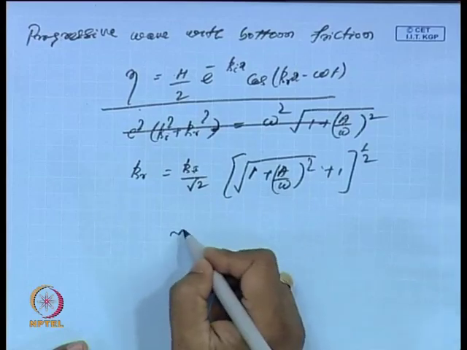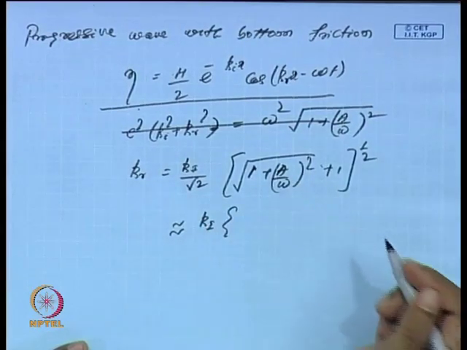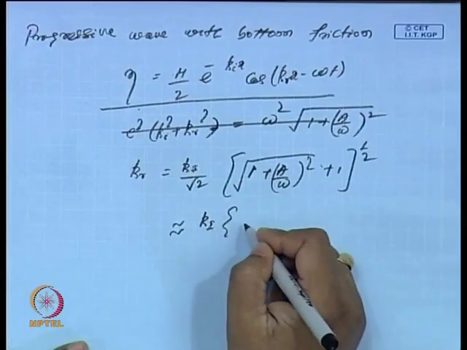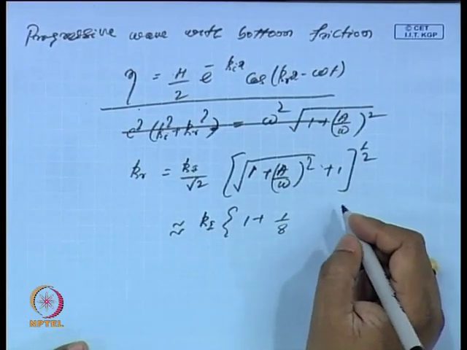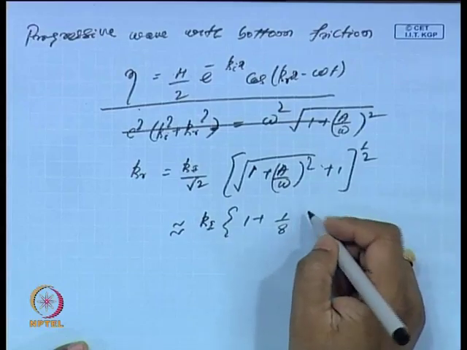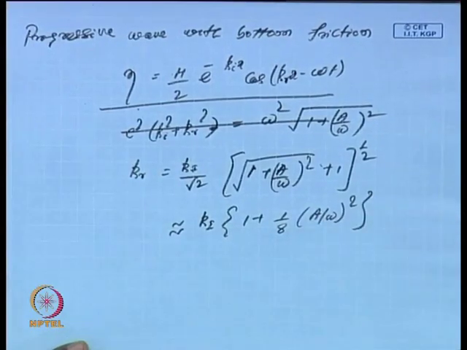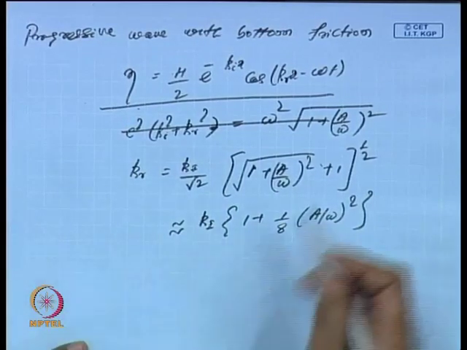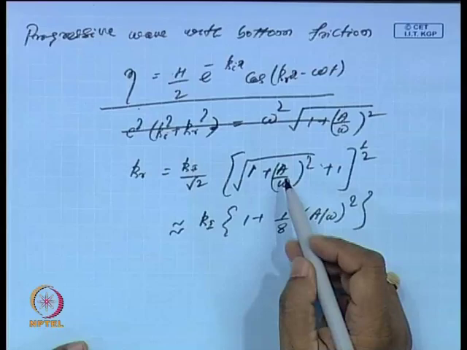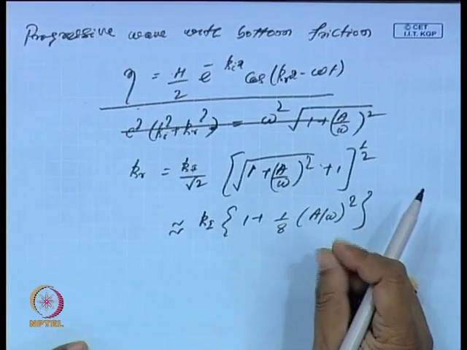And again if you simplify this, then you will get k_i, because a by omega is assumed to be small, so we will get k_i into (1 plus 1 by 8 into (a by omega) square). This is what one will get, and this result is valid only when a by omega is small.